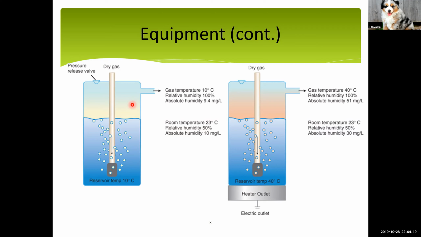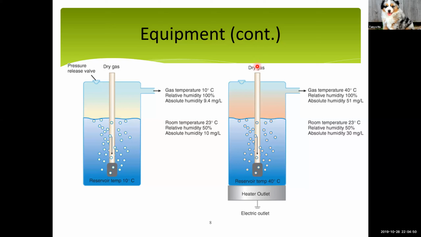Okay, so back to this example here, you can see the dry gas comes down. Here's the temperature in the chamber, and the gas coming out, same temp. Okay, here's your absolute humidity here. Now here's how adding heat will increase the output. I have a heater, like a little hot plate underneath this chamber here. And now you can see the temp is raised up to 40 degrees Celsius.